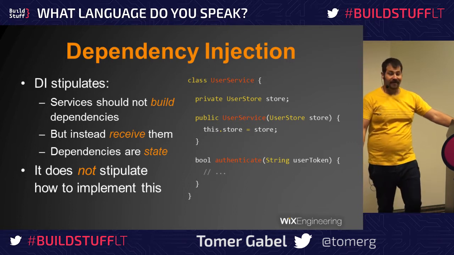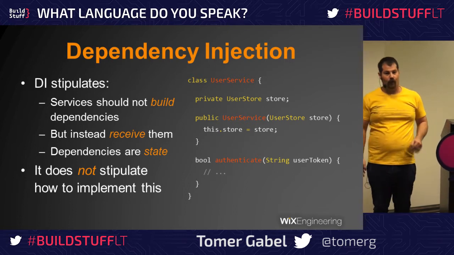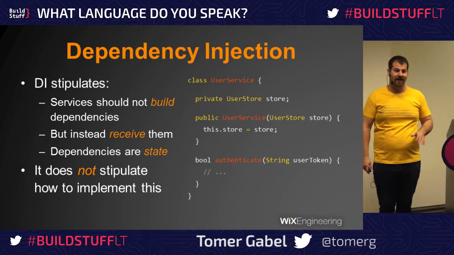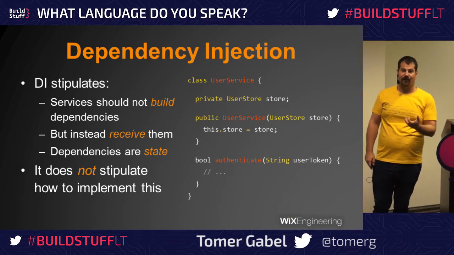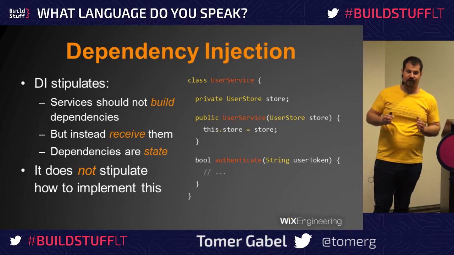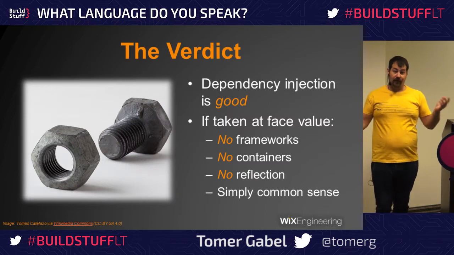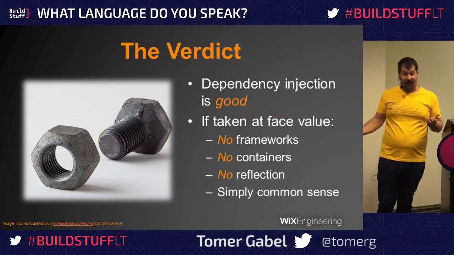And this has nothing to do with Spring or Juice or anything that you'd care to mention. This does not require any sort of infrastructure in place. It's just a very, very simple concept. So, dependency injection is a very good thing if taken at face value.